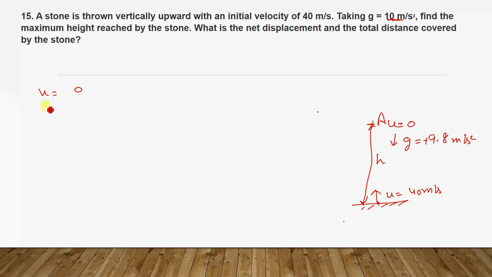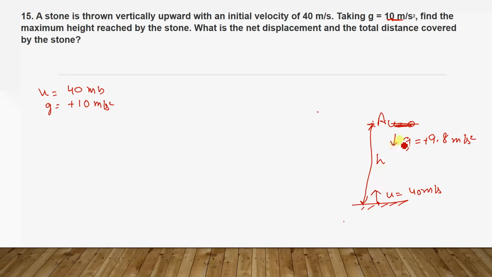Initially u is 0, g we will take as plus 10 meter per second square, and here the stone is thrown vertically upward. From here it is thrown, so we will take u as 40 meter per second. We will not take it as 0. It is 40 meter per second.